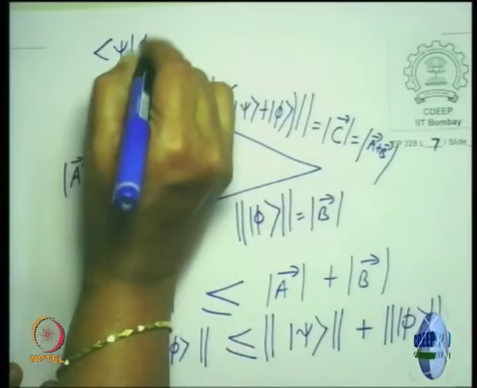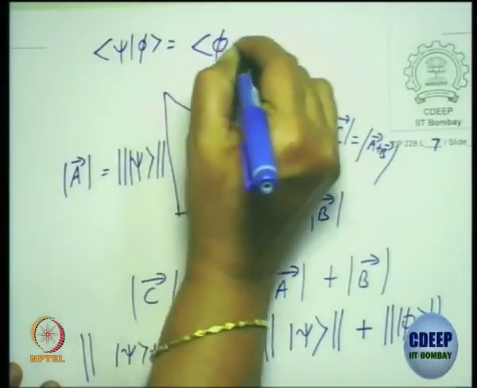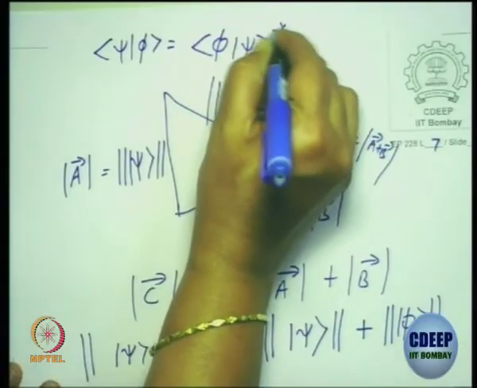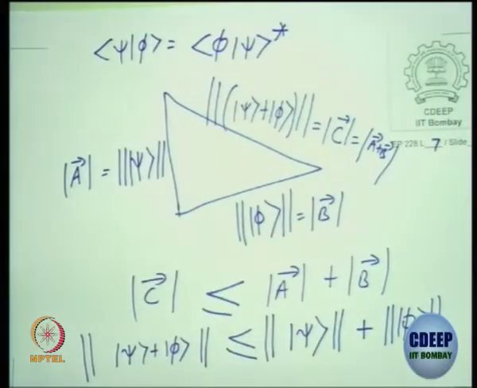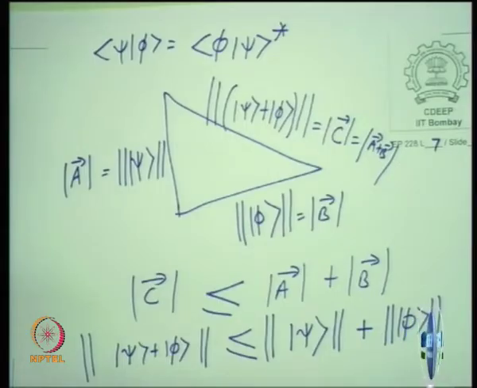We have these properties, and then you need to prove this. We will discuss these proofs at some point, either in the tutorial or in the session, but before we do it, get used to this Dirac bracket notation and try and prove the triangle inequality.